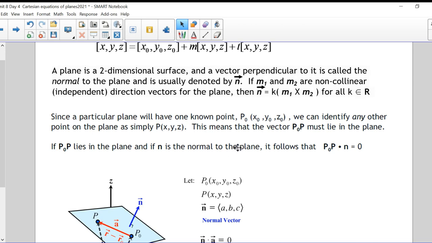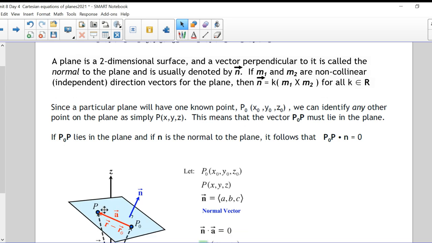That vector we're generating that way is going to be at right angles to the normal vector. Because any line that's along this plane, so this vector here going from P0 to P, any line that I put along this flat surface is going to be at right angles to the normal vector of the plane.